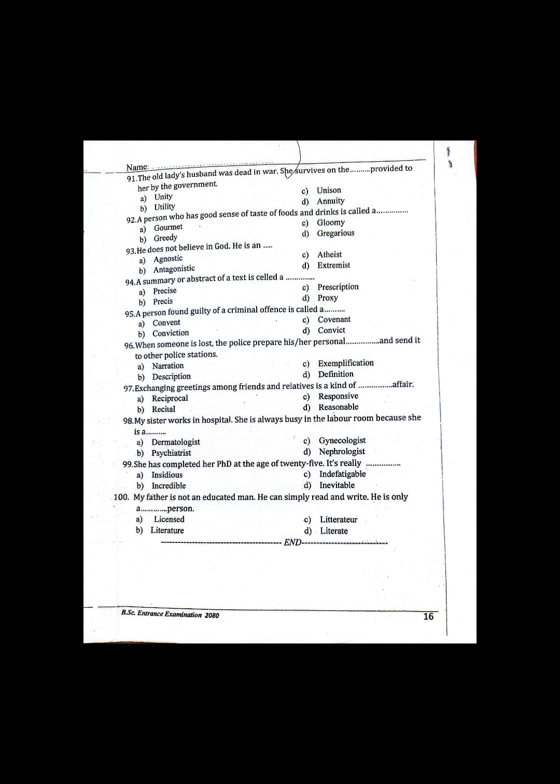94. A summary or abstract of a text is called a: A, Precis; B, Precise; C, Prescription; D, Proxy. 95. A person found guilty of a criminal offense is called a: A, Convent; B, Conviction; C, Covenant; D, Convict. 96.